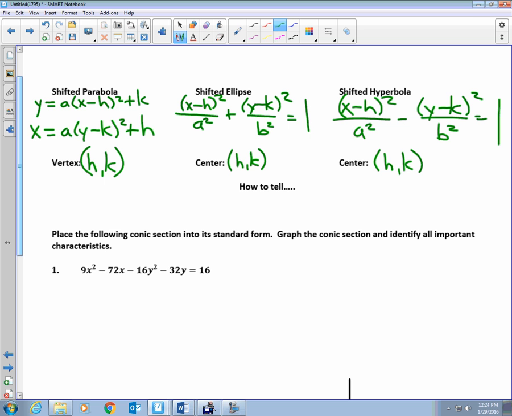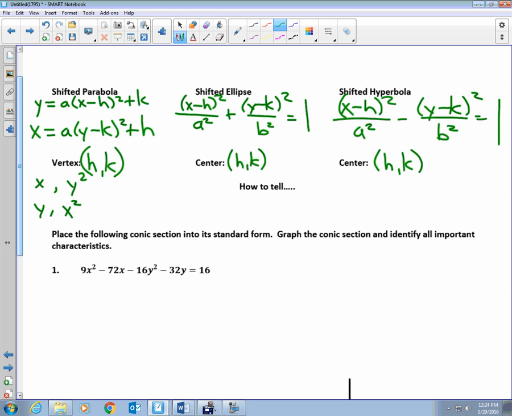X is squared, y is squared. But the parabolas, only one of the two is squared, right? So if you have an x and a y squared, or a y and an x squared, then you know it's going to be a parabola. So if only one is squared, parabola.